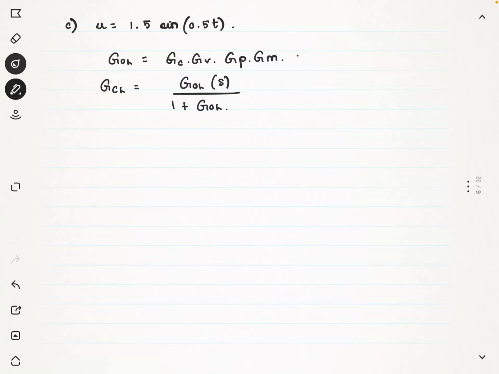So this will be in the S domain first, and then we'll be substituting S is equal to I omega, and then we can do the other computations. So we know that the input amplitude is 1.5 and the input frequency omega is equal to 0.5.